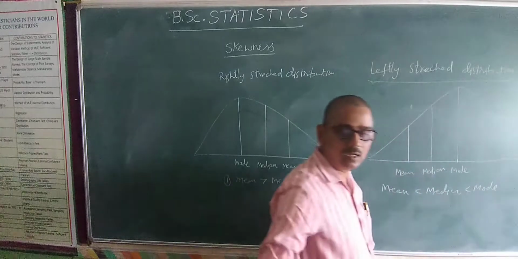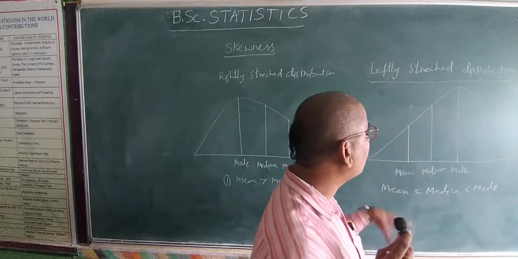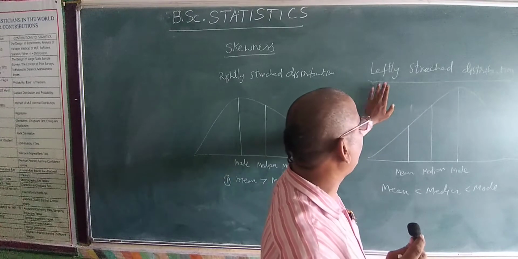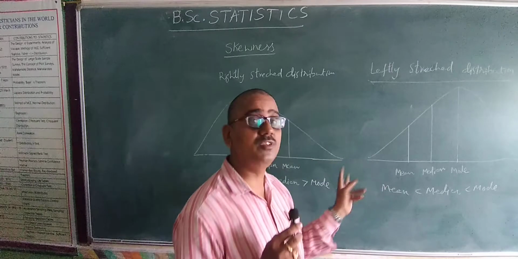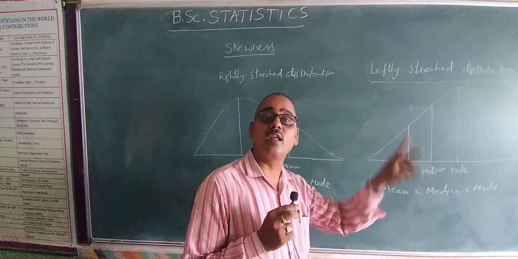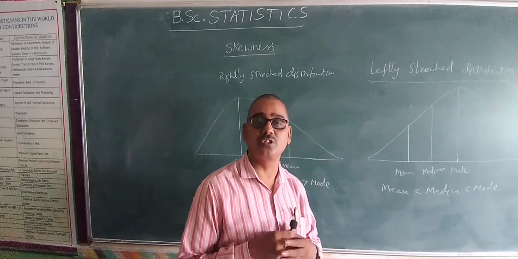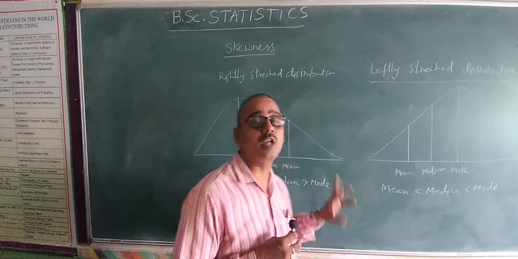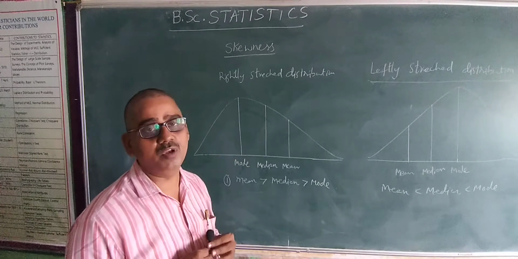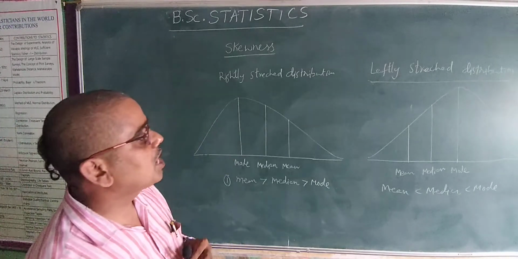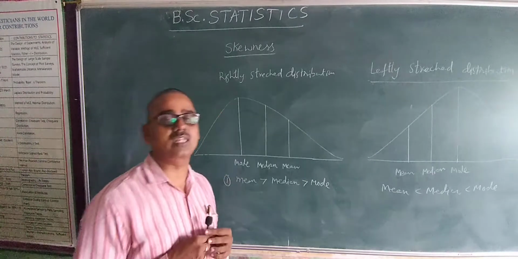This is the relation between mean, median and mode which is specified as a leftly stretched distribution. So these are the two kinds of lack of symmetry, which means skewness. These are the two types of curves we can obtain and explain for defining skewness.